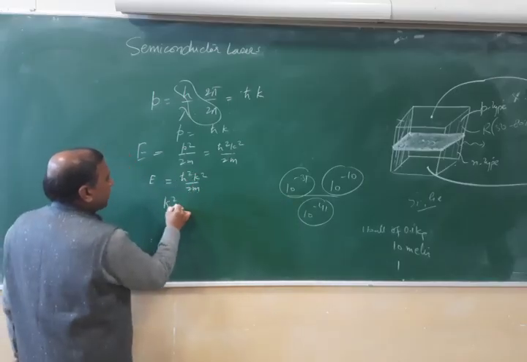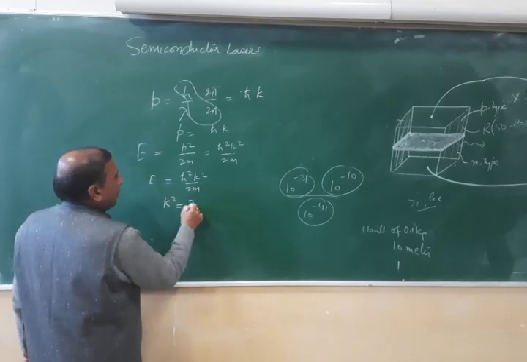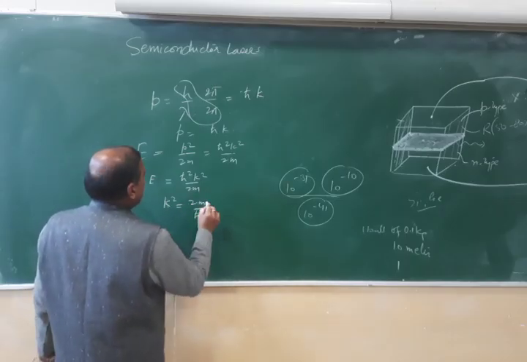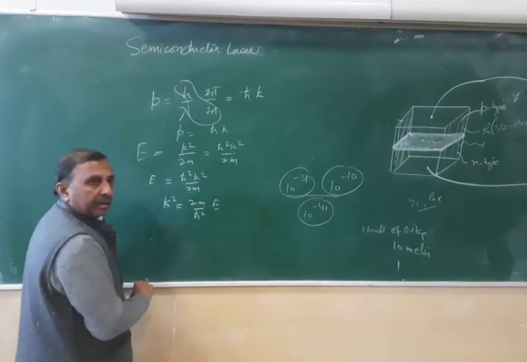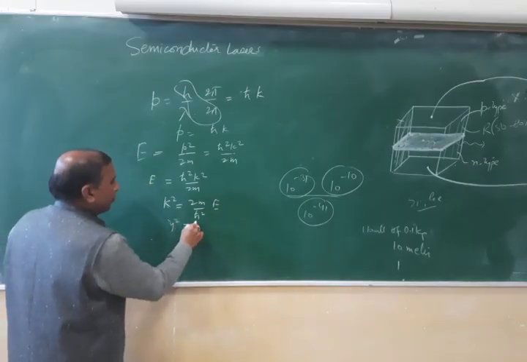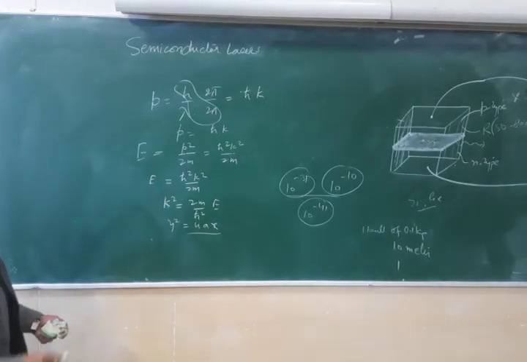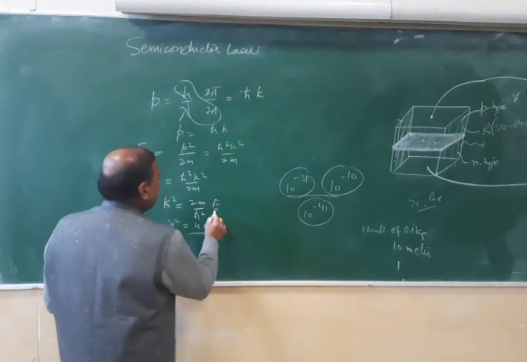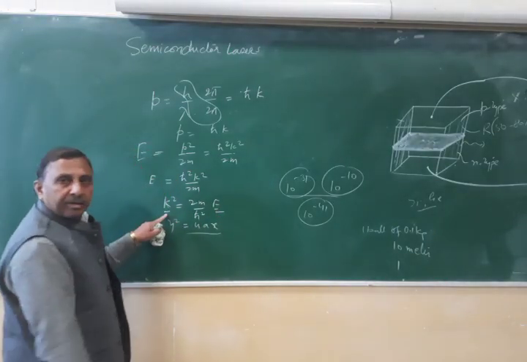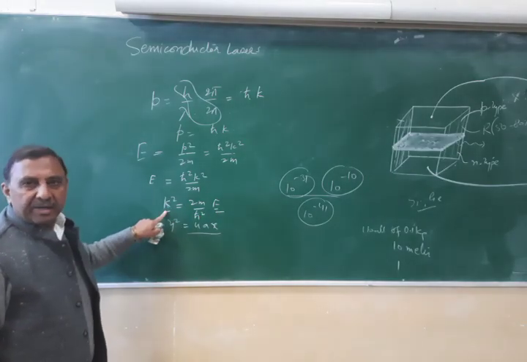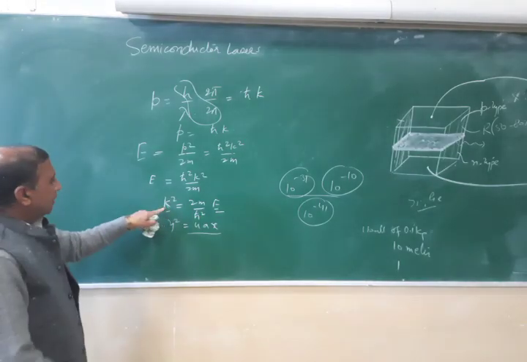So from here k square equals twice m upon h cross square times E, and it is like y square equal to 4ax. Okay, so it means the relation between energy and wave vector.